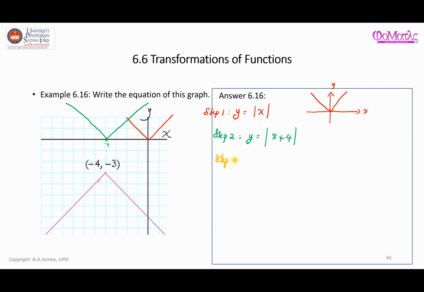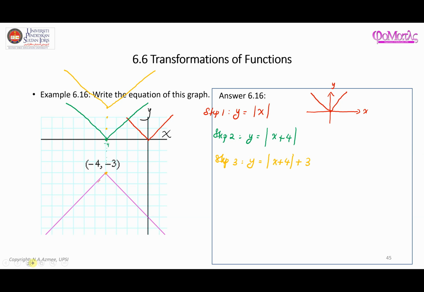That would be y equals absolute value of x plus 4, and I want to move it 3 units up, so plus 3. I am moving it 3 units up to match the position of this point here. So 3 units up is 1, 2, somewhere here, 3. So the graph will look like this.